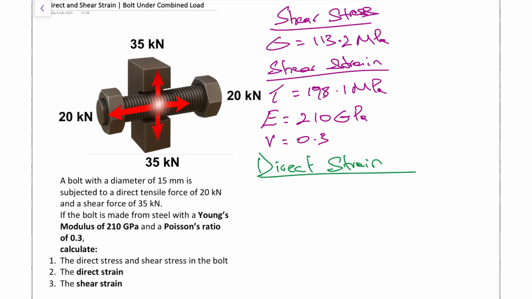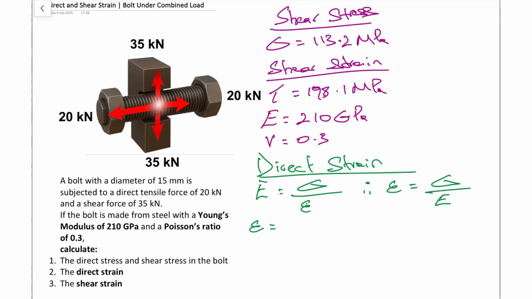If you can recall the formula for modulus of elasticity, or Young's modulus, it's simply stress divided by strain. If we rearrange this to get strain, it's just stress divided by Young's modulus, and we have both of those already.